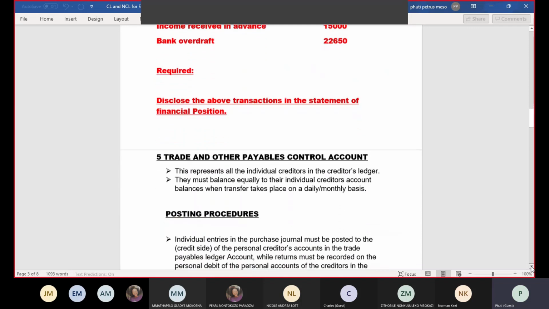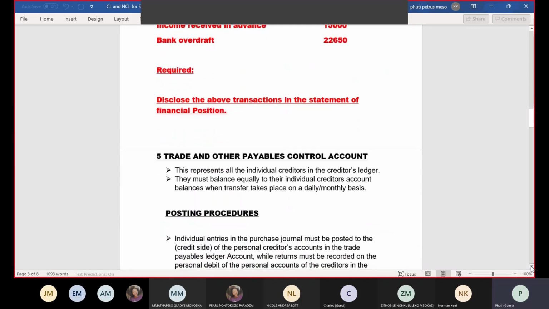So the trade and other payables control account represents all the individual creditors in the creditors ledger. They must be equal, balanced with their individual creditors' accounts, when the transfer takes place on a daily basis or on a monthly basis. Right. So the list of creditors goes in this way. What happens is you buy from Build-It, you buy from Cash Crusaders, you buy from all these sorts of credit providers.